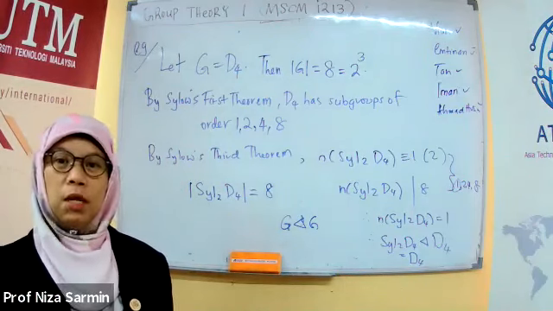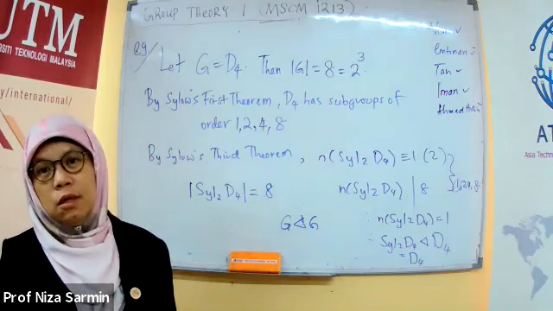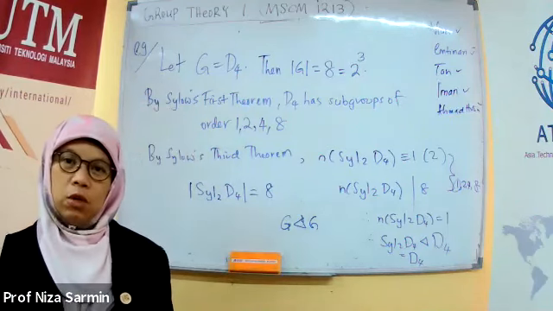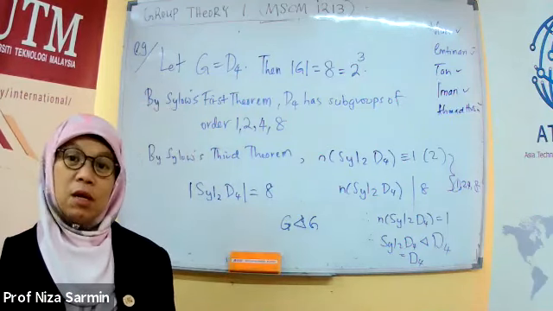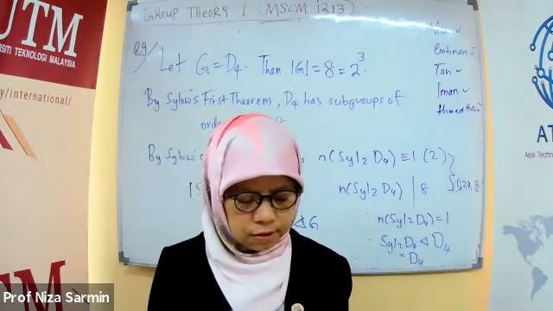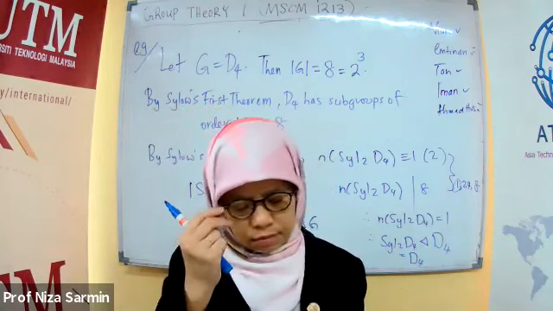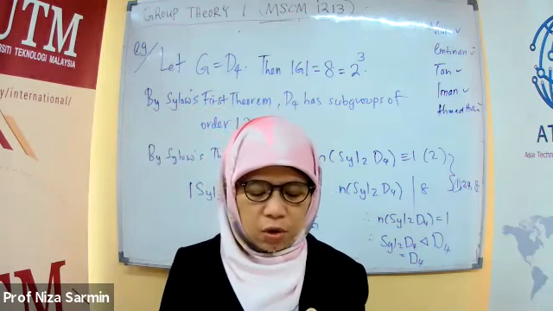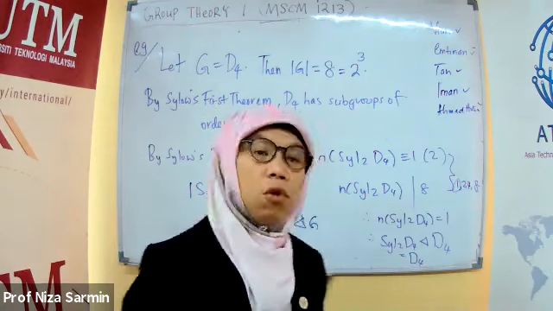So at least you want to find something with composite order P to the K times M. Okay, next. Find the number of all Sylow P subgroups of S4.